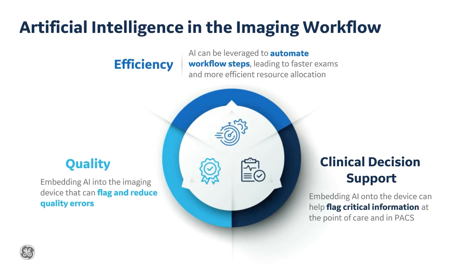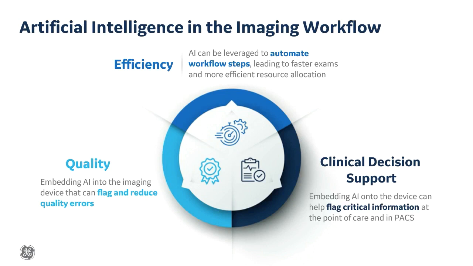For quality, AI is flagging errors at the point of care and letting technologists know if a repeat exam is needed before the image is exported to PACS. Dr. Parekh spoke earlier about clinical decision support, and many of you voted pneumothorax as the most important, but there is a plethora of AI applications coming in different care areas like lung nodule detection, tuberculosis, and so on and so forth. And this is just going to be more advanced in the future.